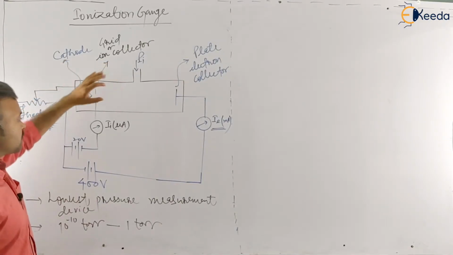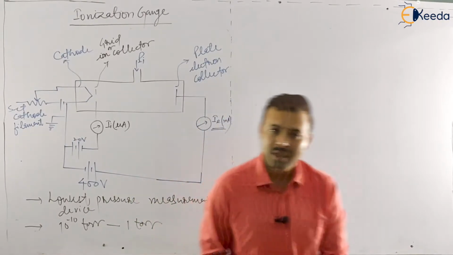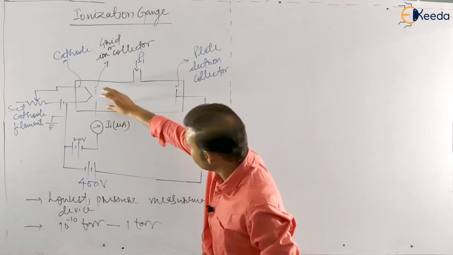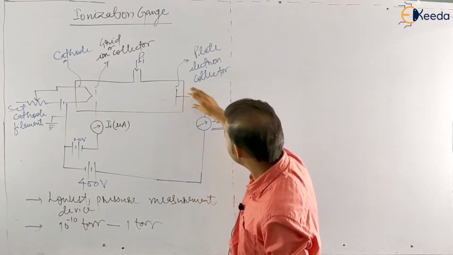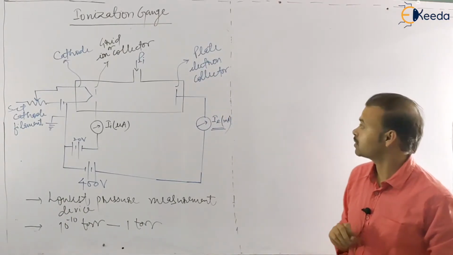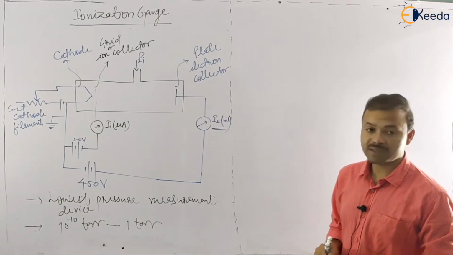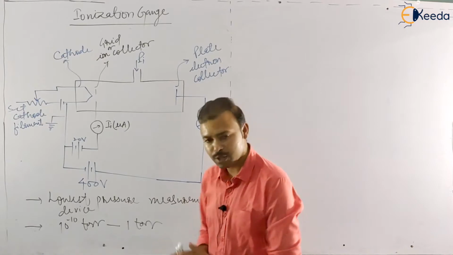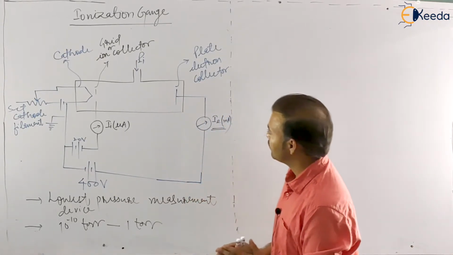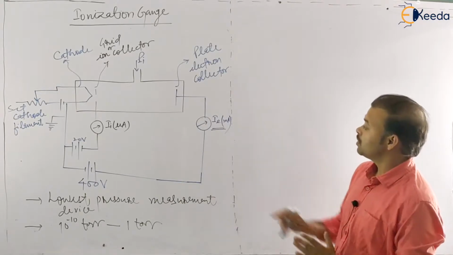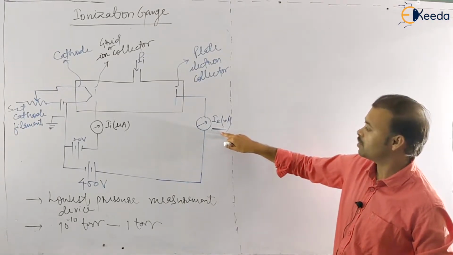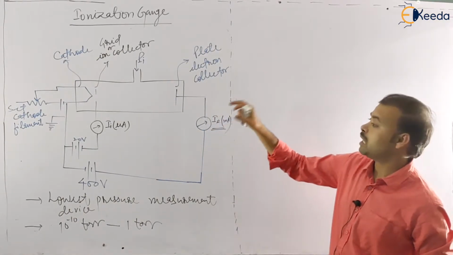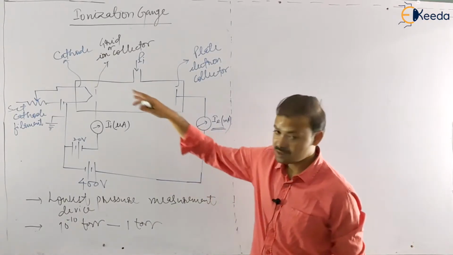Once you ionize those molecules of the gas whose pressure you want to measure, there will be no significant change in the plate electron collector, no significant change in the number of electrons, because there are already a large number of electrons present in this circuit.